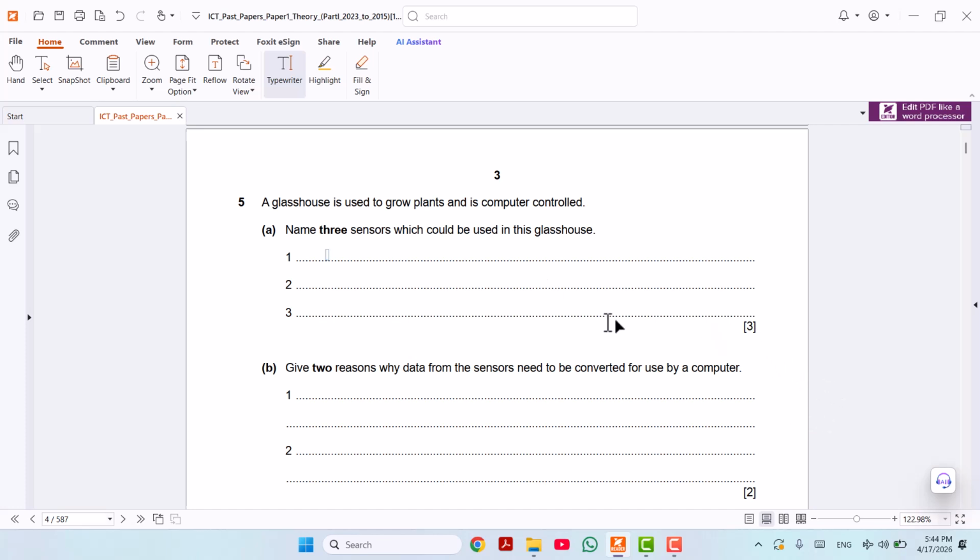So I can say temperature sensor first. What else can be included in a greenhouse? We have light sensor, the most famous tool that can be added inside the greenhouse. We also have humidity sensor. We have pH sensor, also written with small p and capital H like in the book.